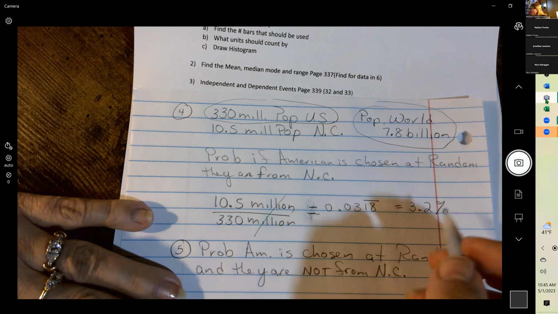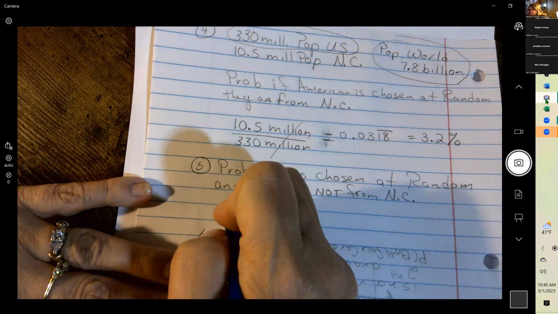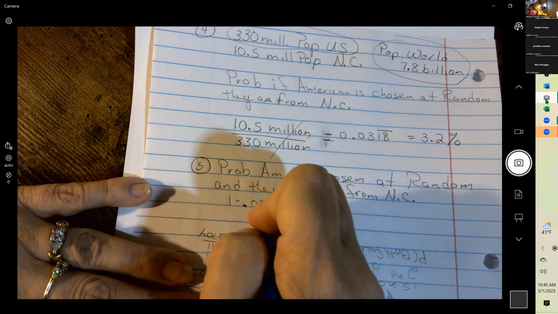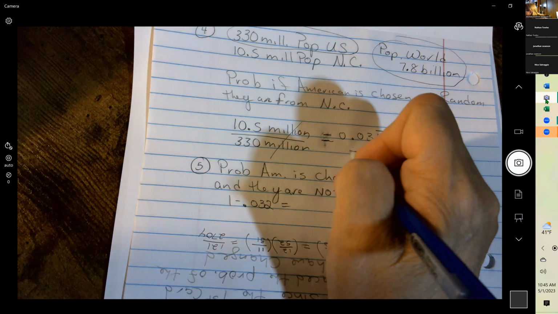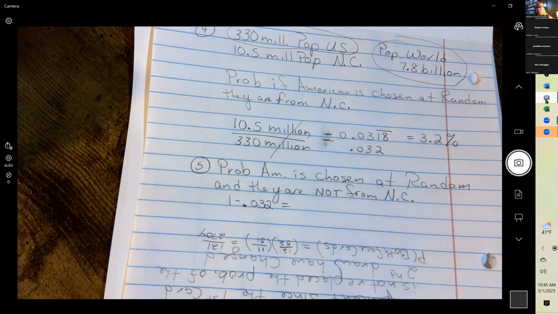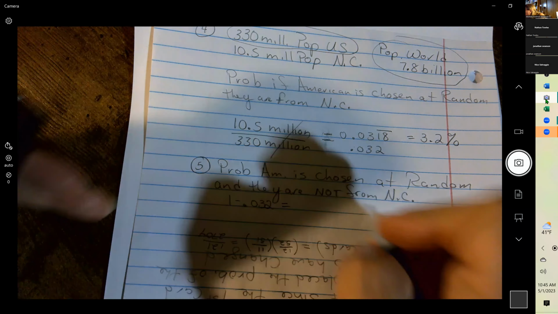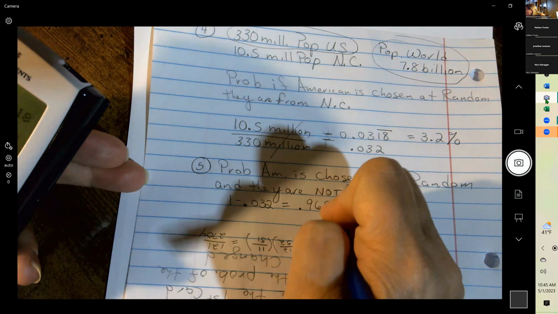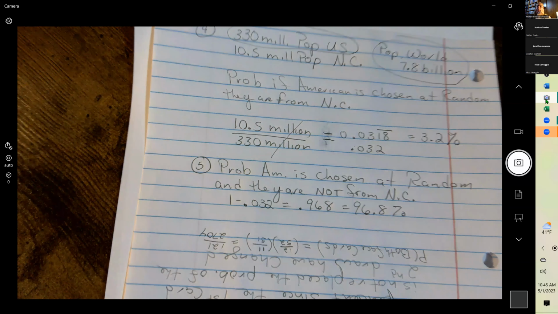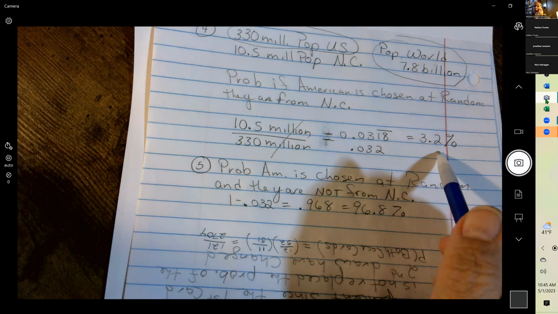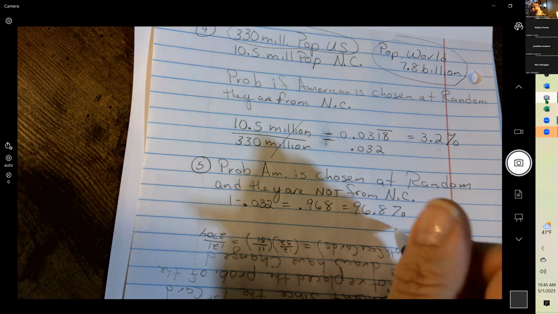Now you can subtract this from 100 or subtract this from 1. 1 minus 0.032. 3.2% of Americans are from North Carolina. 96.8% of Americans are not from North Carolina.